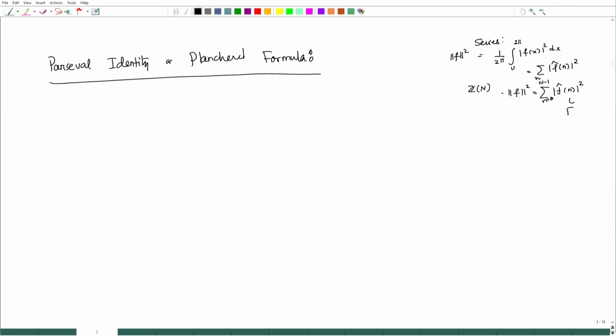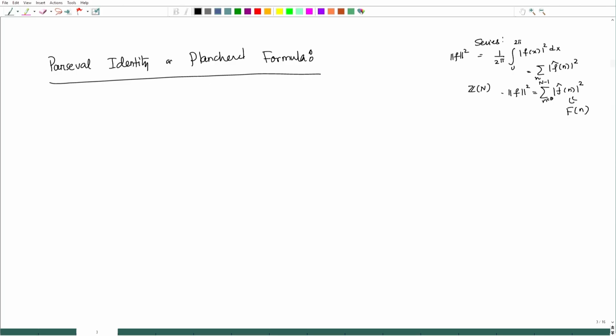There we have denoted f hat by capital N. Here also we would like to get a similar thing. That was all happening because of the orthogonality relation of the characters in both settings, and now we have the orthogonality relation.